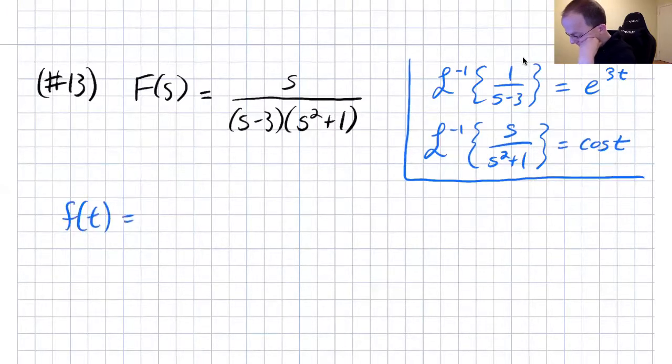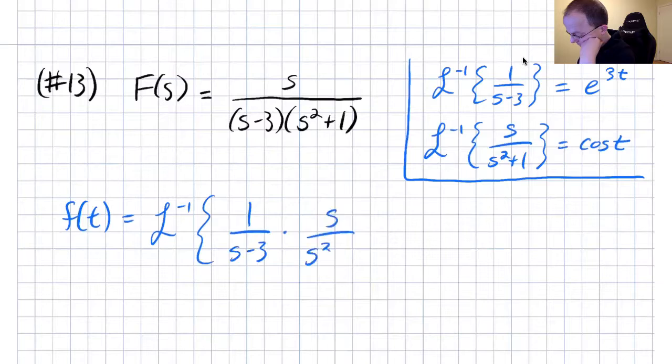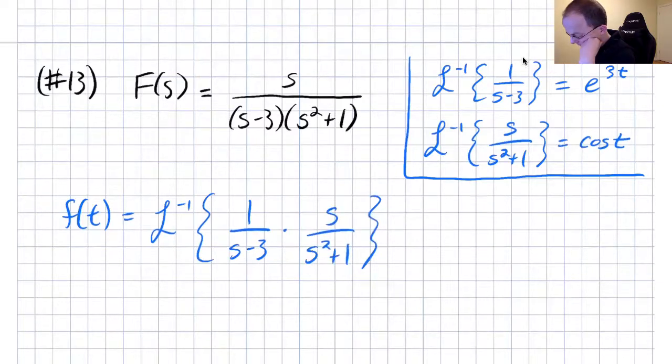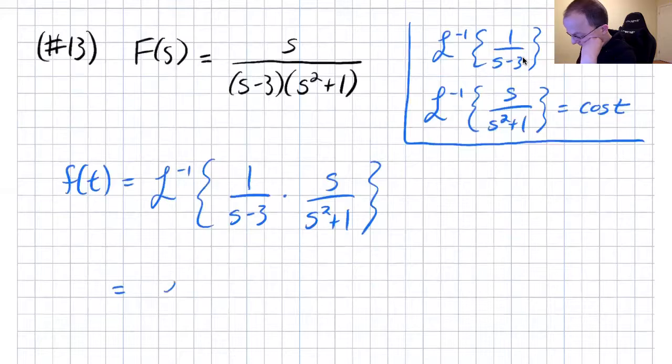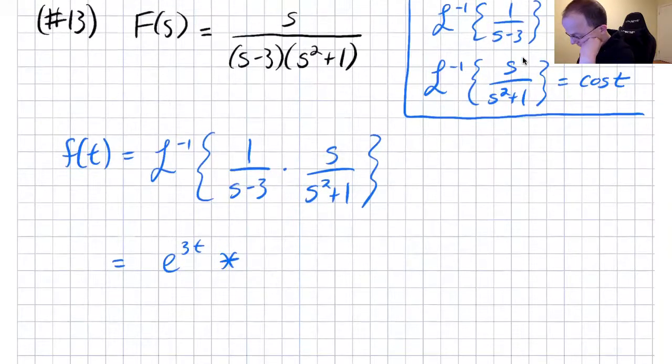The convolution theorem says that the inverse Laplace transform of 1 over s minus 3 times s over s squared plus 1 is going to be equal to e to the 3t convolved with cosine t.